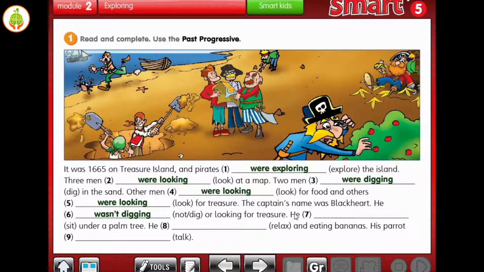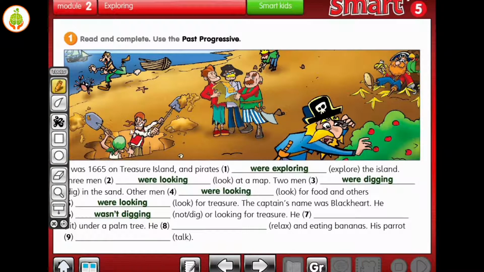So he sit. What do we say? He was what? He was sitting. Remember, we have to double the T. Here we go. Sitting. He was sitting under a palm tree. Look.